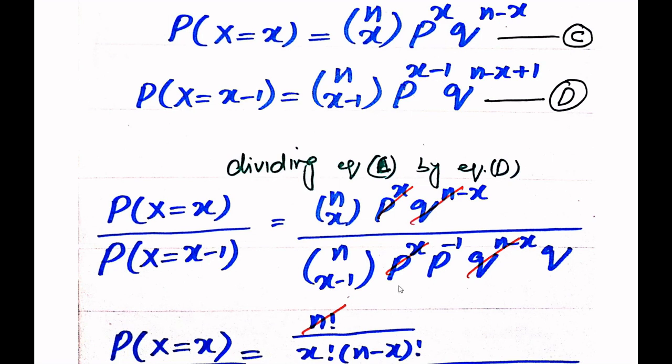We split these terms, writing p^x times p^(-1), and q^(n-x) times q^(-1).